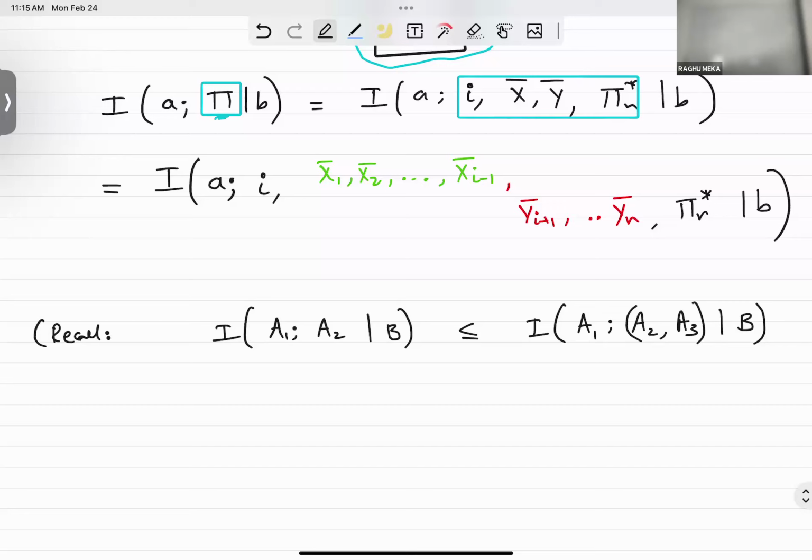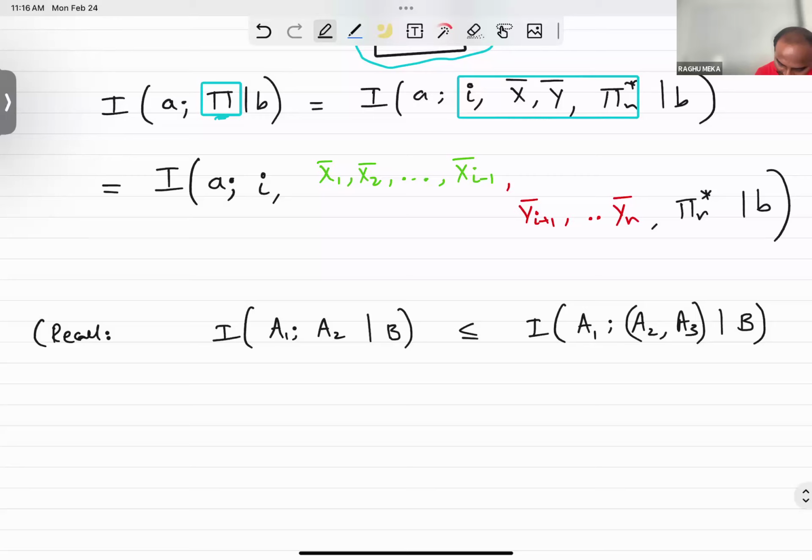It's not going to decrease. When you condition, it can change. But when I just give you more information, it can only increase the mutual information. All right?